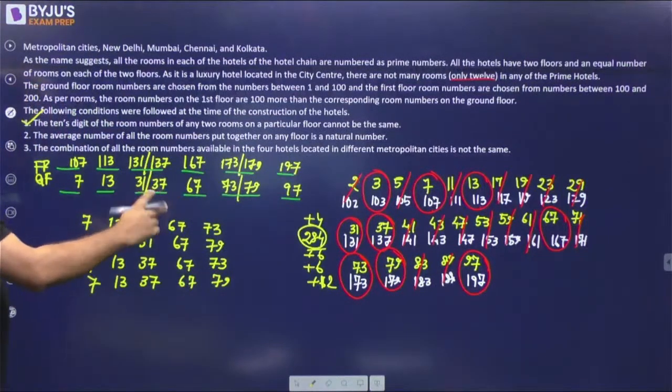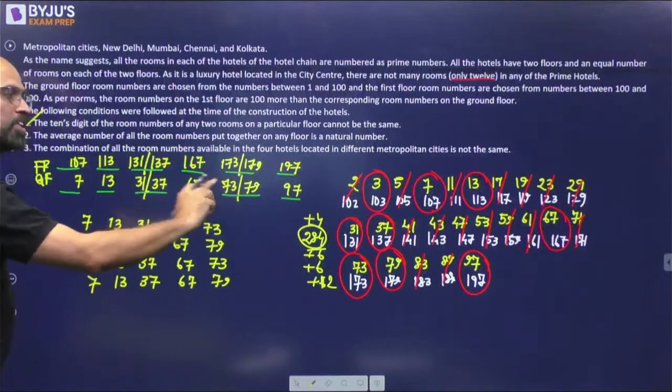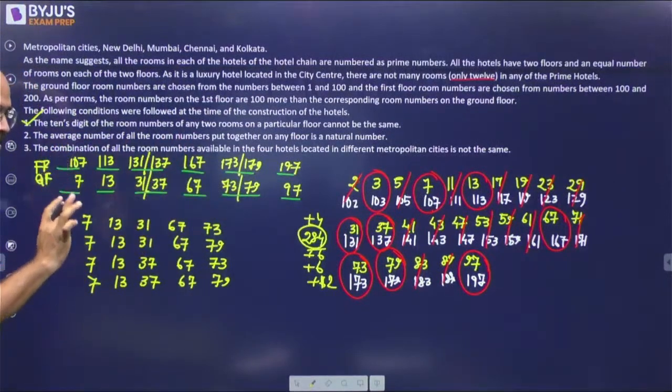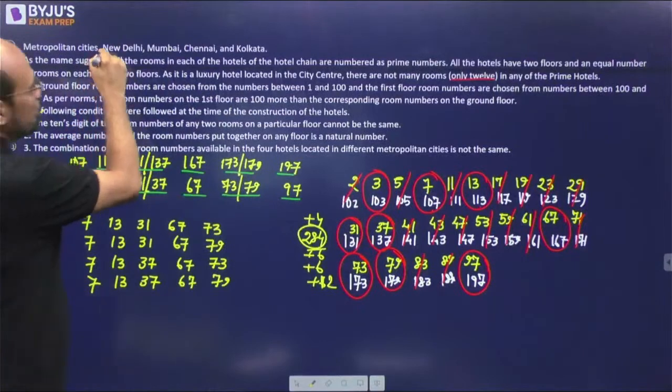Two possibilities for this third room and two possibilities for this fifth room. Total 4 cases, and we do have 4 cities.